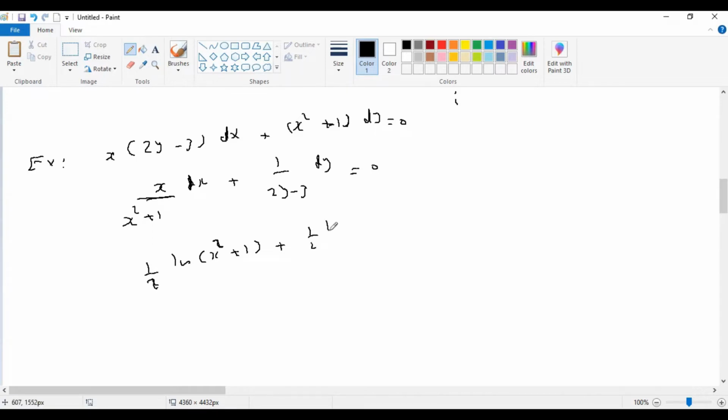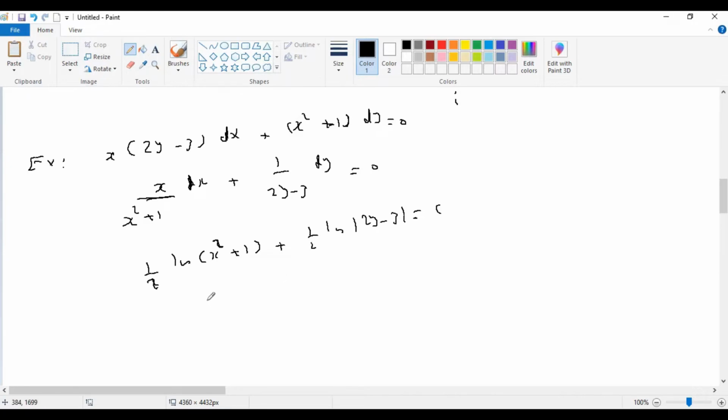So it'll be half ln |2y minus 3| equal to c. Also, this one can be simplified. I can write this one also as ln c1, and I keep this one on this side. So I can multiply first by 2.